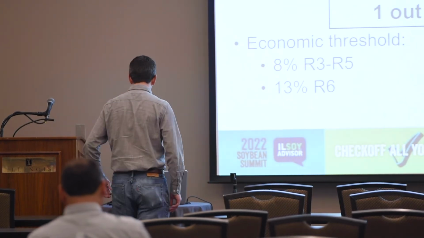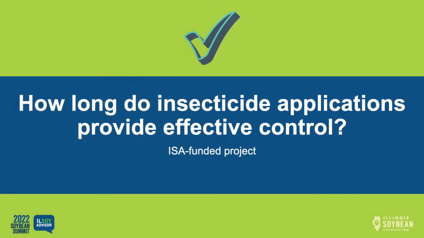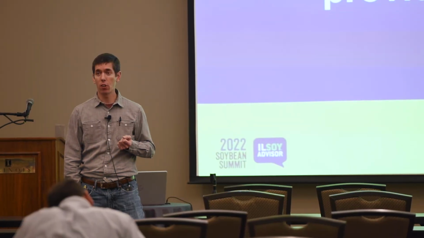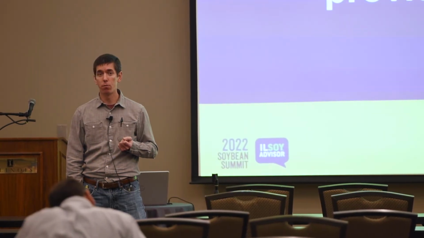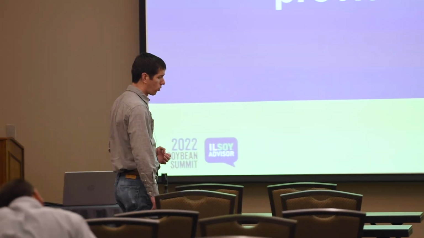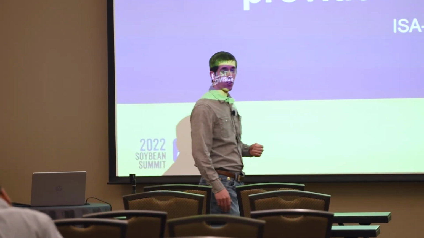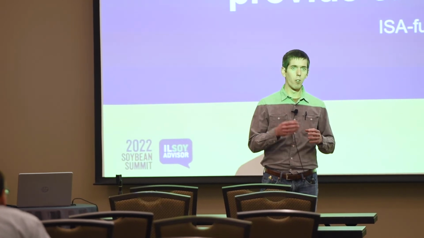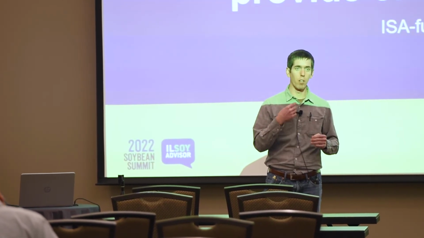Part of the reason for that goes along with what we'll talk about next, which is how long are we actually getting out of an insecticide application? And that's something I think we end up with a lot of confusion on because it's sort of a complex issue. These insects, they're not coming in consistently the same way throughout the season.